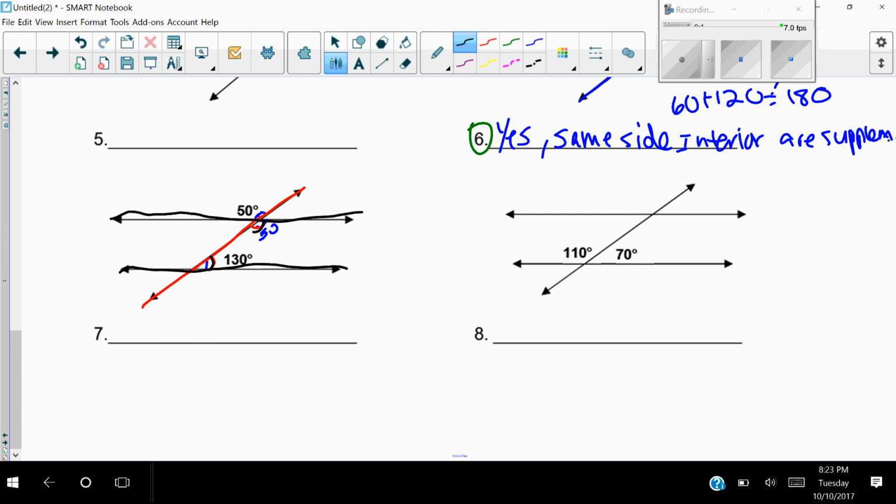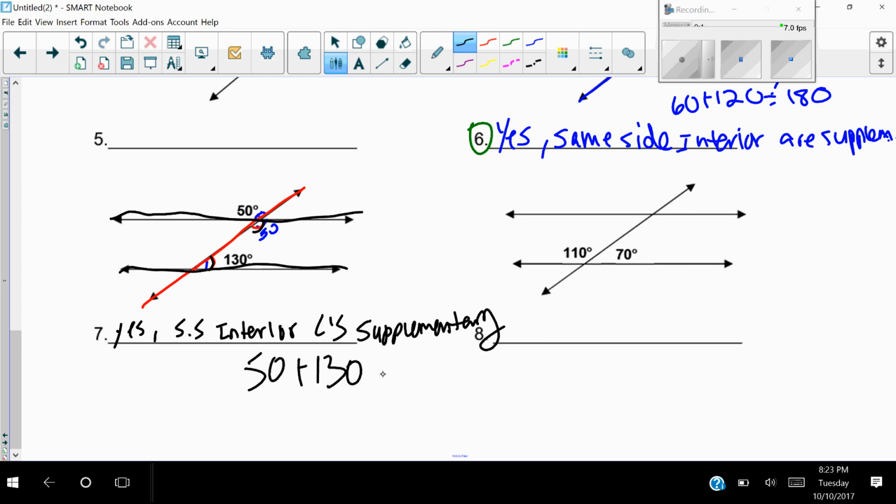Now, they have to add up to be 180. Consecutive interior, we said right here. Say yes, because same side interior angles are supposed to be supplementary. And they are. And 50 plus 130 does indeed equal 180.